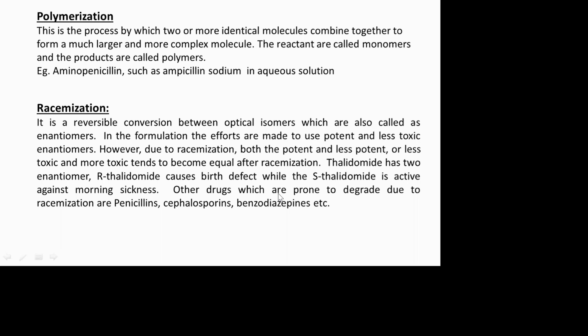So ultimately, the formulation will be toxic. At the initial time there was a higher amount of non-toxic enantiomer, but due to racemization, the amount of toxic enantiomer will increase rapidly. Then ultimately it will make the drug toxic. So this type of degradation is also very important. It will ultimately make the drug less efficient and more toxic.